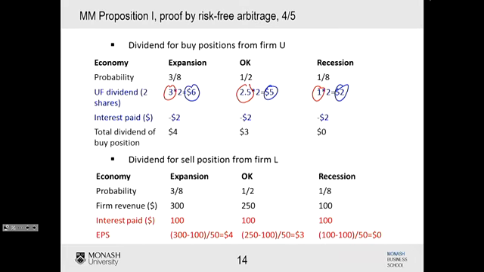Because you borrow this $20, the interest payment is compulsory regardless of economic scenario. Each year you pay 10% interest, so you have to pay $2, $2, and $2.